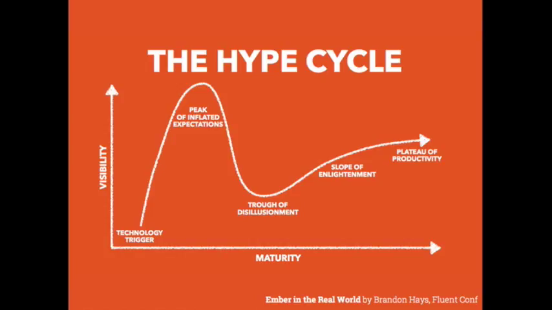You can wait for the next technology trigger and carry on this cycle of, oh, I'm going to find the next best thing, and then it turns out it was crap, so I'll get the next best thing. But the Ember community has slogged on through this bottom curve, and now I can probably say that we're all in this plateau of productivity.